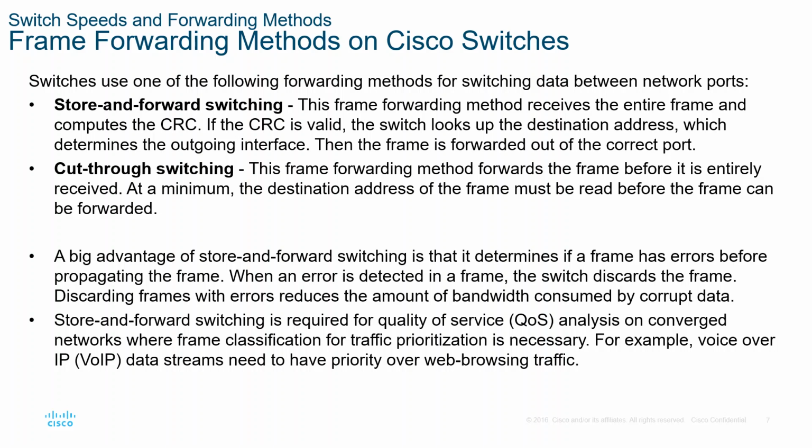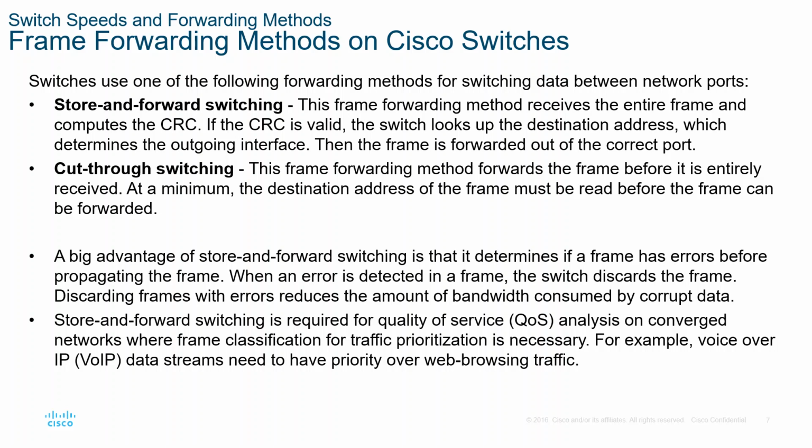In store and forward, the frame forwarding method must receive the entire frame and perform error checking, which is the CRC computation. If the frame is error free, then the frame will be forwarded to the destination.